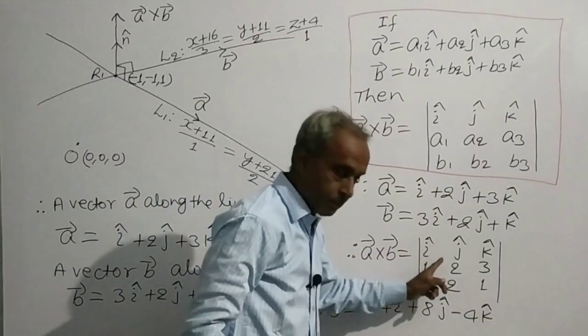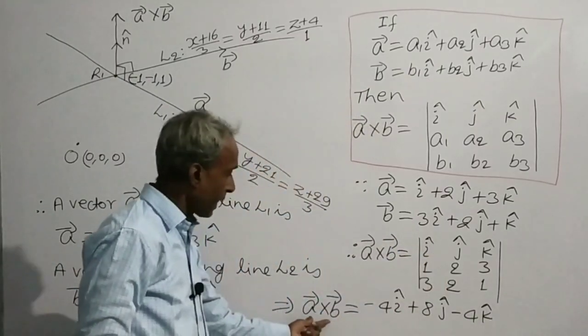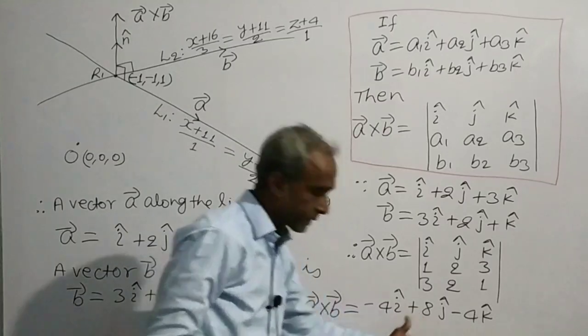After expanding this determinant, we get A cross B equal to this.